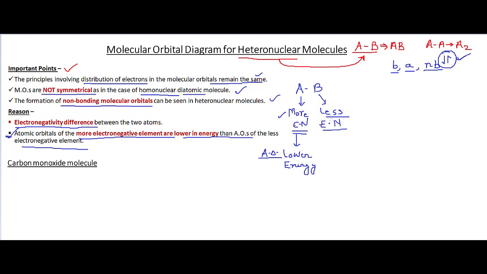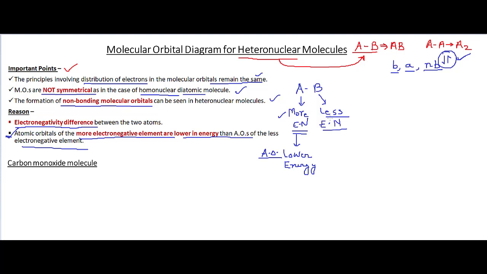Where the electron charge density is more, that will be lower in energy, or in other words more stable.